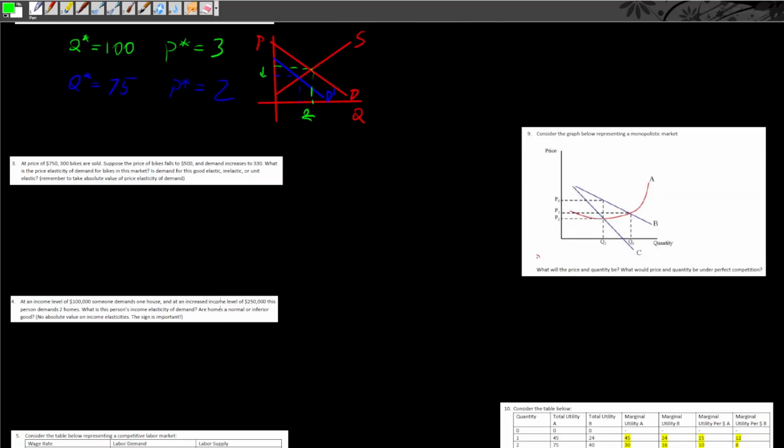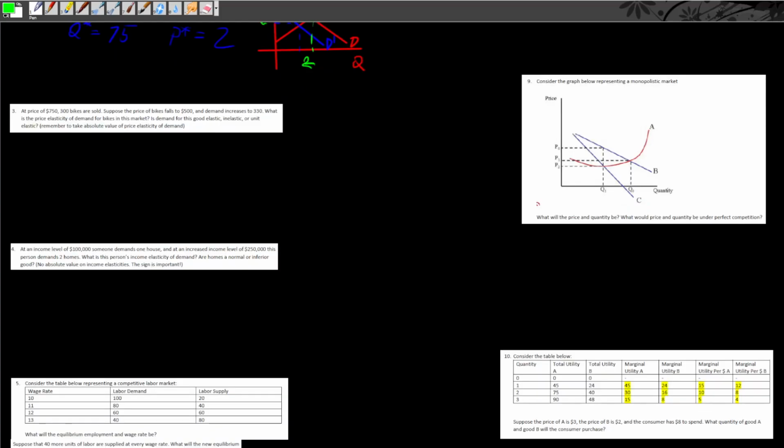All right, so moving on to question 3. At a price of $750, 300 bikes are sold. Suppose the price of bikes falls to $500 and demand increases to 330. What's the price elasticity of demand for bikes in this market?